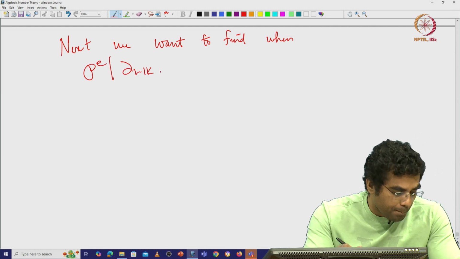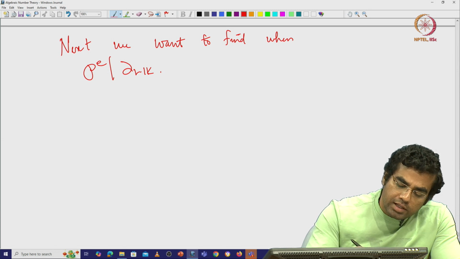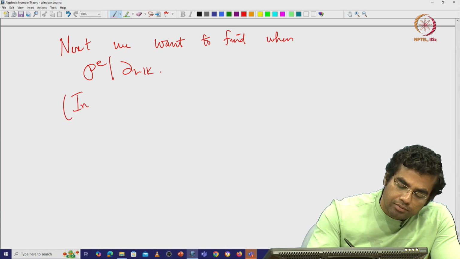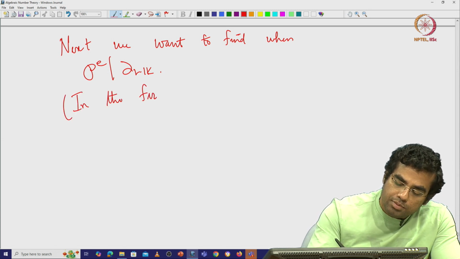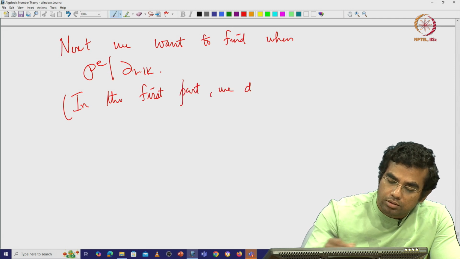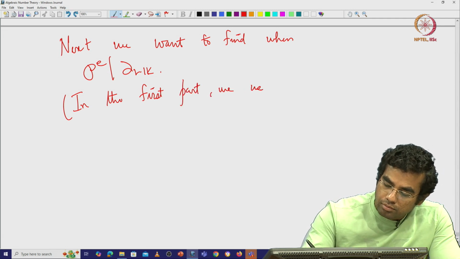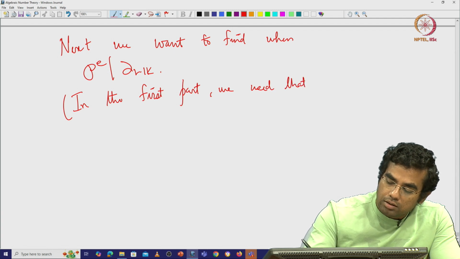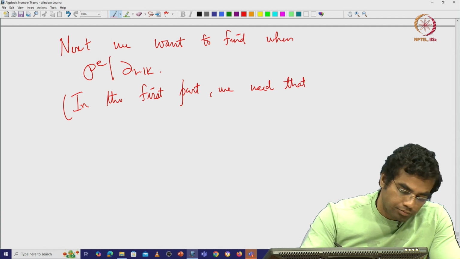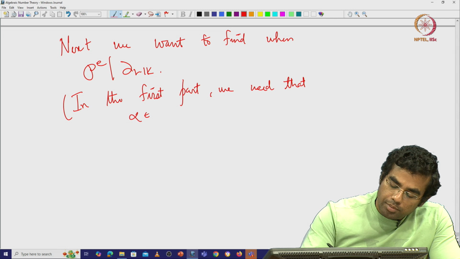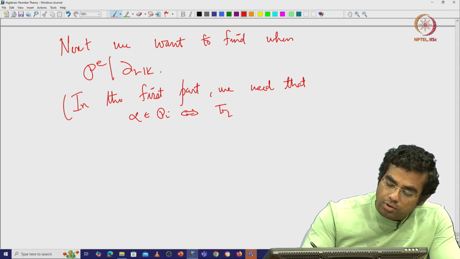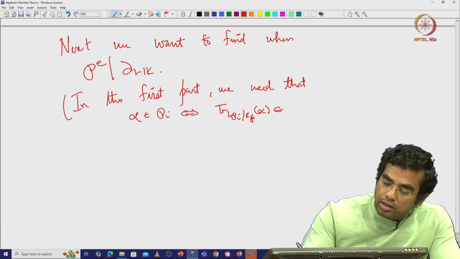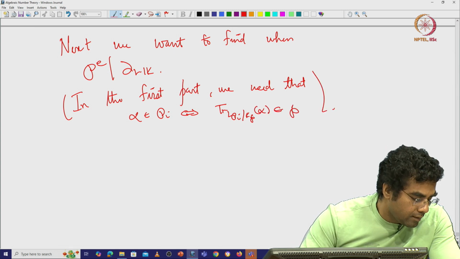And what did we use earlier? So, in the first part we used that alpha belongs to pi implies that trace from L_Pi to K_p of alpha is in p, right.